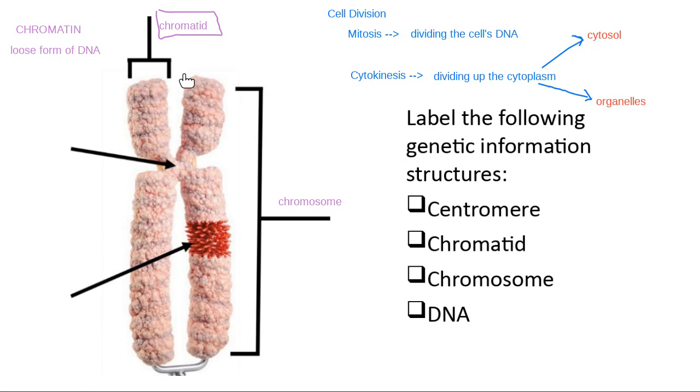The way that I attach these two chromatids to each other is using a structure here in the very center of a chromosome. This structure is called a centromere. The centromeres are going to be really important when we're talking about dividing up the genetic information, because we're going to attach spindle proteins, or some divider proteins, to the centromere.